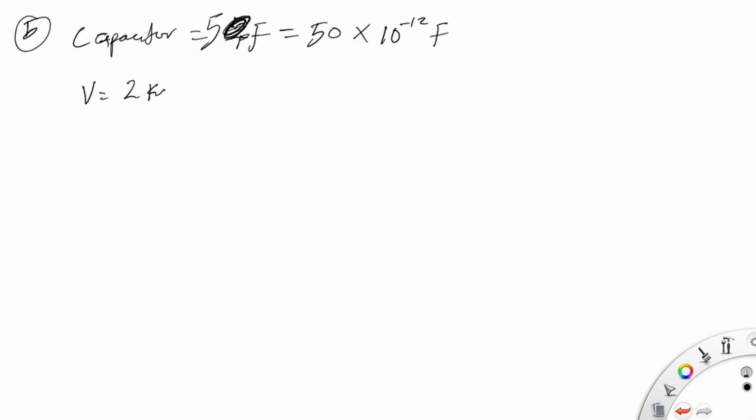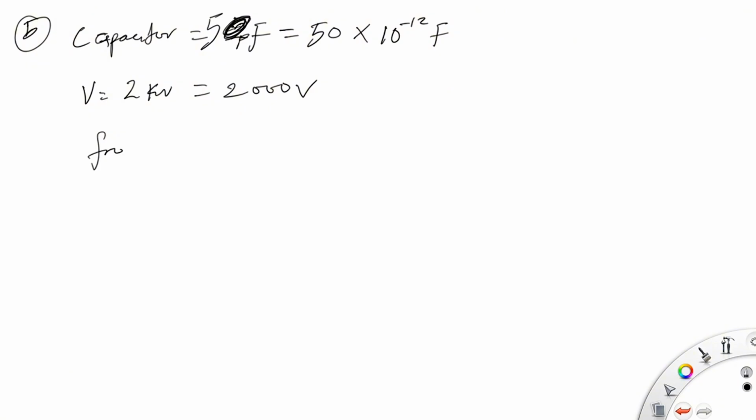So capacitor C was 50 picofarads, which is equal to 50 multiplied by pico, which is 10 raised to the power minus 12 F, if you can remember. And V is equal to 2 kilovolts, the same as 2000 volts.